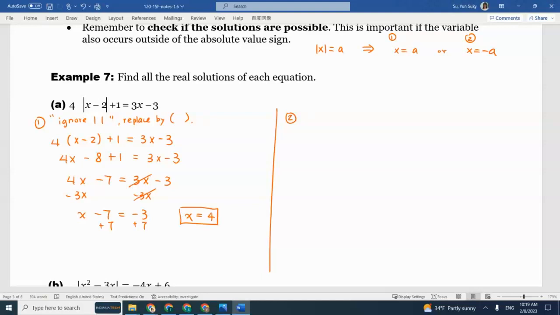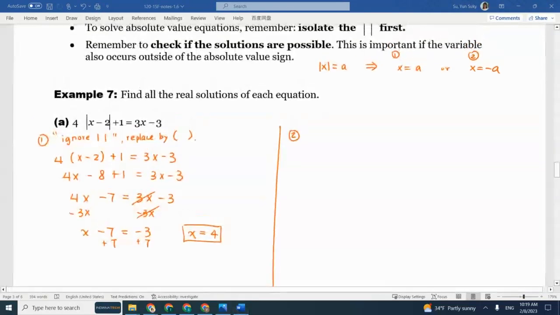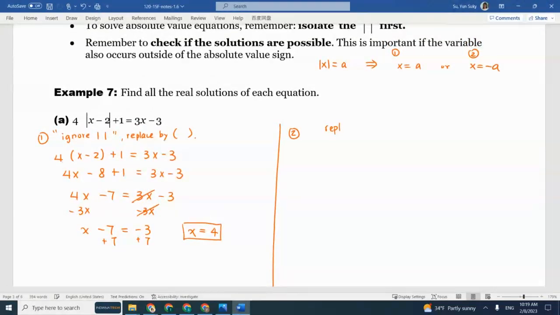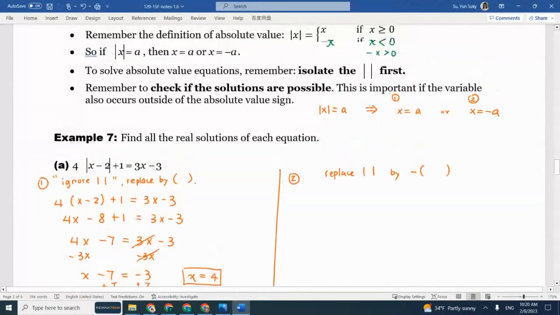Okay. So second one is replace absolute value by negative of that. It could be negative of negative x. Right, everybody? Therefore, this one corresponds to just ignore the absolute value. So x becomes x. And then here, replace the absolute value by negative x, so negative of whatever inside the absolute value. Okay?